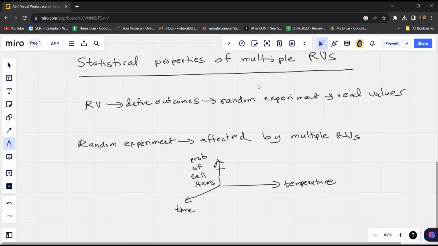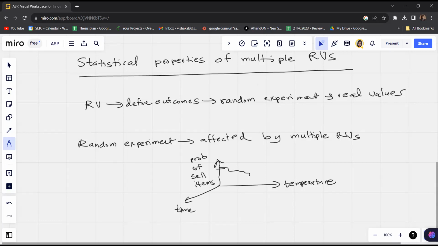The time can take any value from 6 a.m. to 8 p.m., and the temperature can take any value between the normal environmental temperature ranges. So depending on these two factors, the probability of selling the item will change.